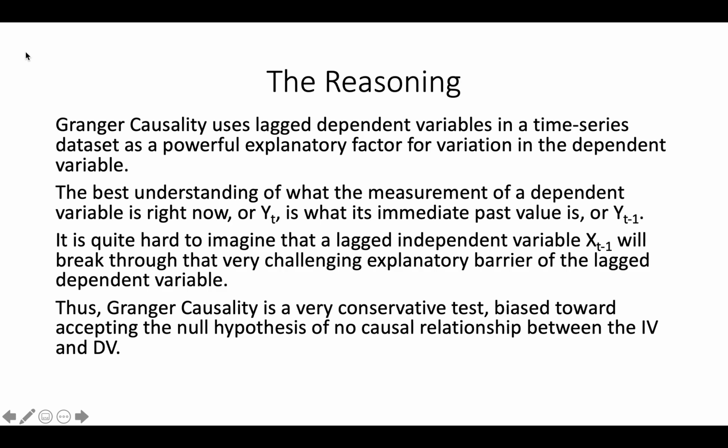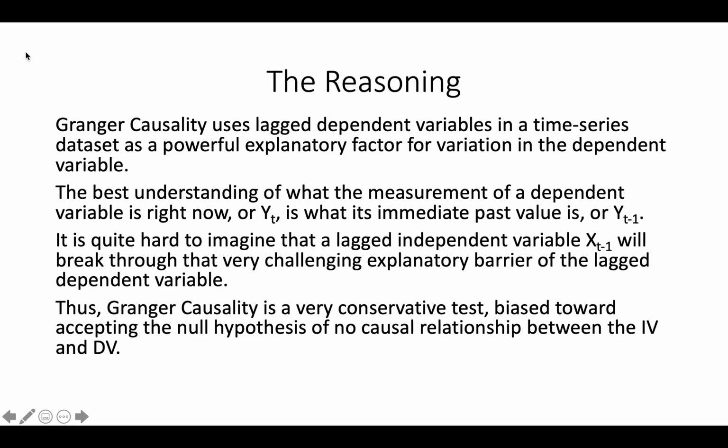For instance, democracy is relatively slow to change in countries around the world. So the best understanding for what democracy is like today in France is to look at last year's democracy score for France. It'll probably be extremely similar.